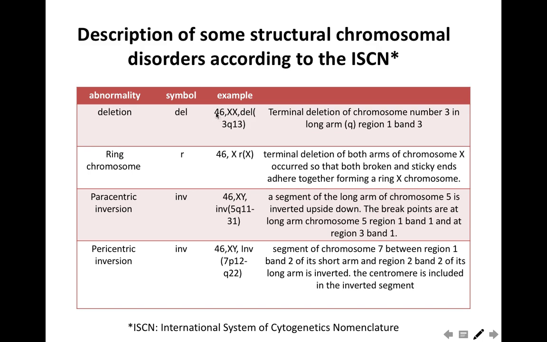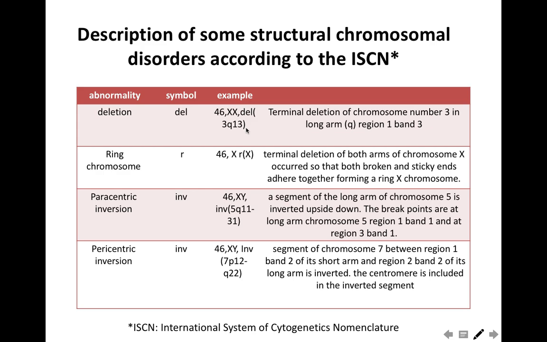Again, you mention first the number of the chromosome, comma, the sex chromosome complement, comma, and then the structural abnormality type. If there is loss of genetic material, this is a deletion, so you put the symbol del. And then you put where the deletion is present. So here it is present on chromosome 3, in the long arm, in region 1, in band 3. So this means it's a terminal type.